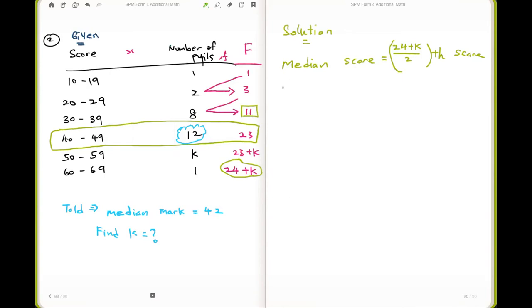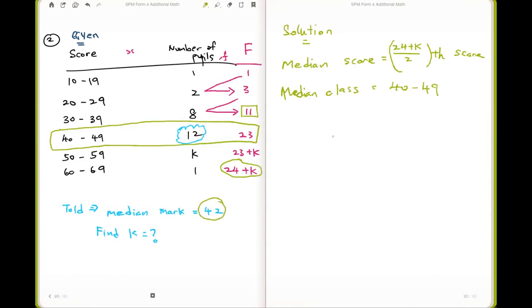Therefore, our main conclusion is that the median class would be 40 to 49. We need to be clear so that I will be able to find the lower boundary and upper boundary.